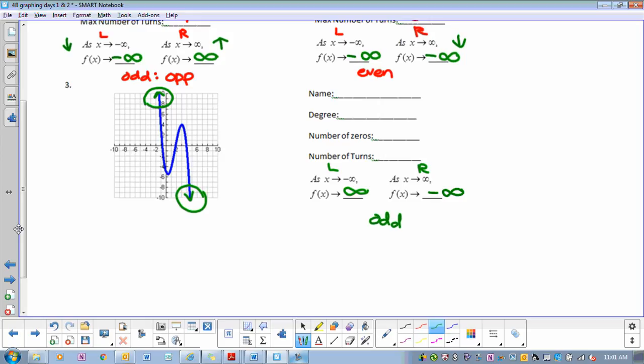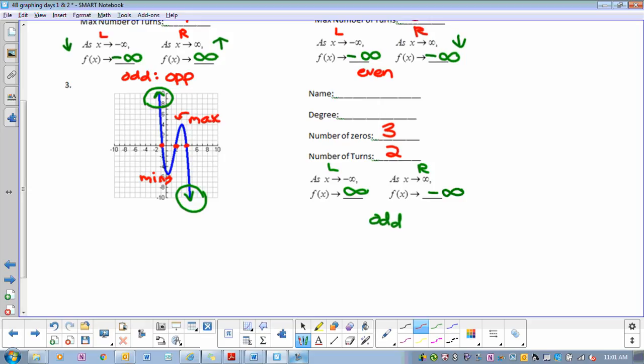Okay. So how many terms do I have here? 2, because look, I have a min and I have a max. Yeah? So I have 2 terms. How many zeros do I have? 3. 1, 2, 3.